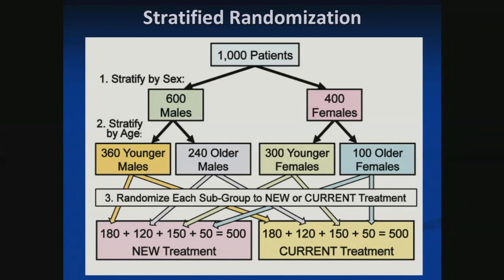We stratify first by sex in this case, then we stratify again by age, because age and sex, in this case, we are very interested to maintain comparability, okay? And then we randomize within each group. So we know we will have approximately the same number of older females, older males, younger males, but within that group, we want it to be a random assortment, okay?